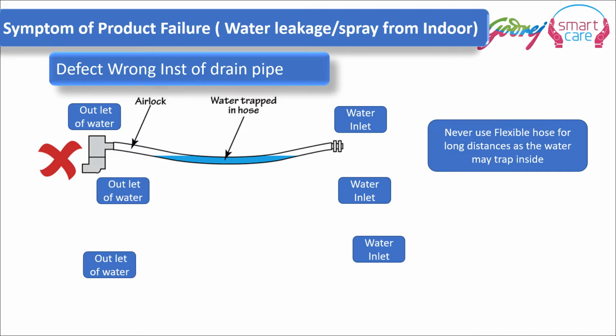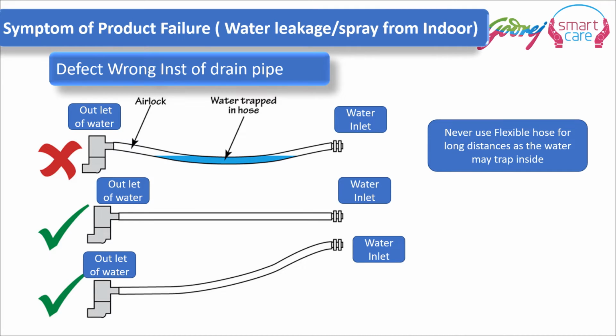Such stagnant water will cause air blockages and air locks, which will prevent further drain from passing through the drain pipe. These are the wrong and right conditions of installation of a drain pipe.